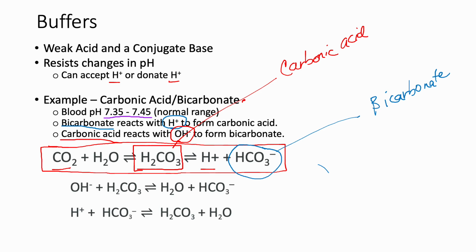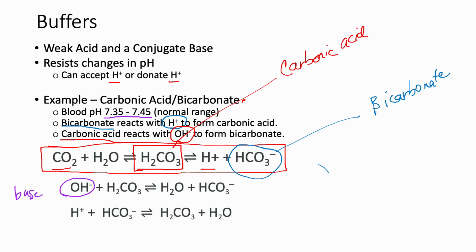Now, if we just want to take a look down below, I have both examples. So let's say that we have excess base. This hydroxide ion, or anion, would represent excess base. Notice it reacts with the carbonic acid to form water and the bicarbonate.